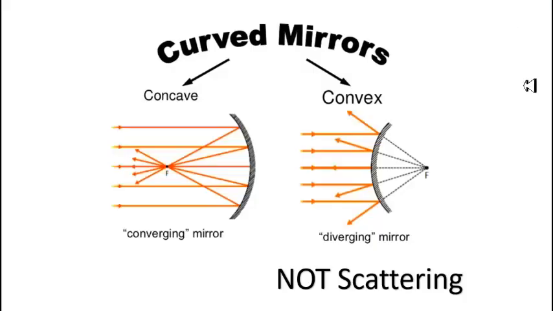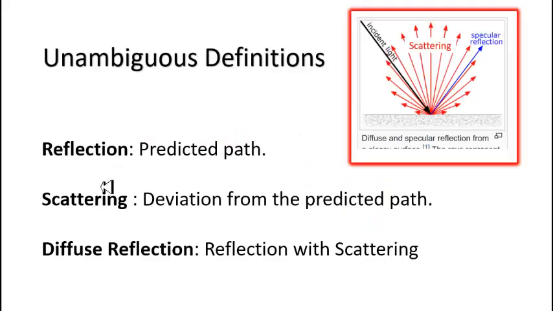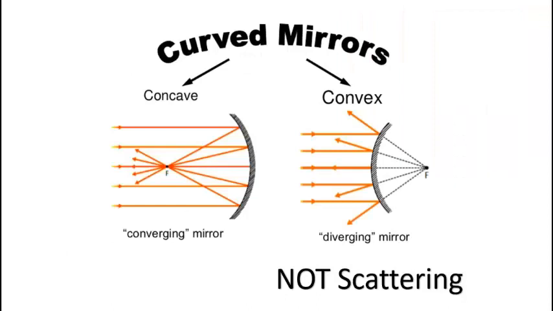And there's one more thing I want to point out regarding scattering. Okay, so scattering is a deviation from predicted path. When you look at the curved mirrors, I want to make this point that this is not scattering. When you have a reflector, a mirror, which is a really good reflector, the path that the light takes is a completely predictable path.